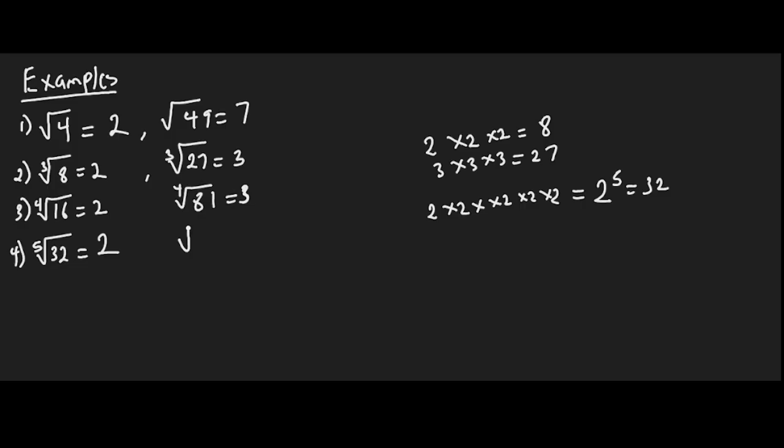We can also have the 4th root of 81, that's going to give us 3. Let's take another one. If we have the 6th root of 64, it's going to give us 2.